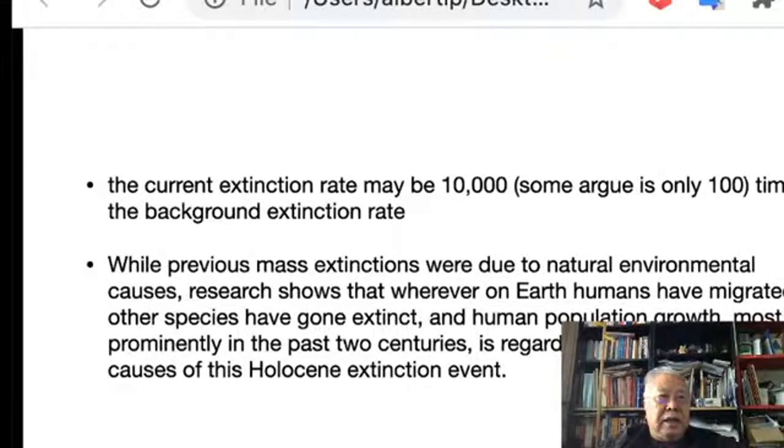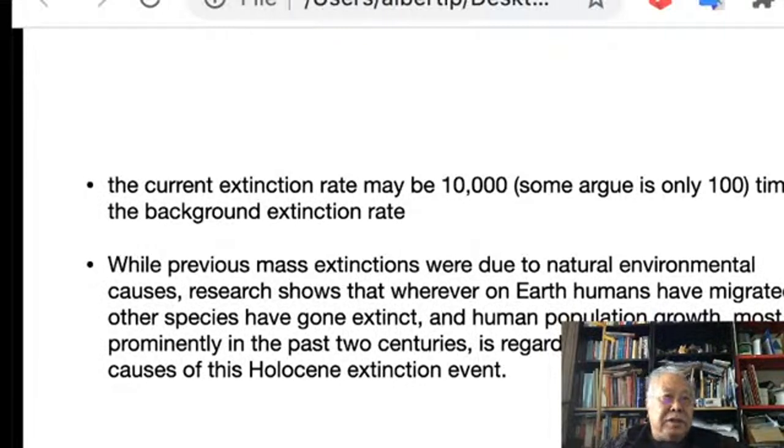The current extinction event is, some argue, 100 times, some argue about 10,000 times faster than the normal background extinction rate. The previous mass extinction events were all due to natural environmental causes, for example climate change, volcanic activity, asteroids, and so forth.